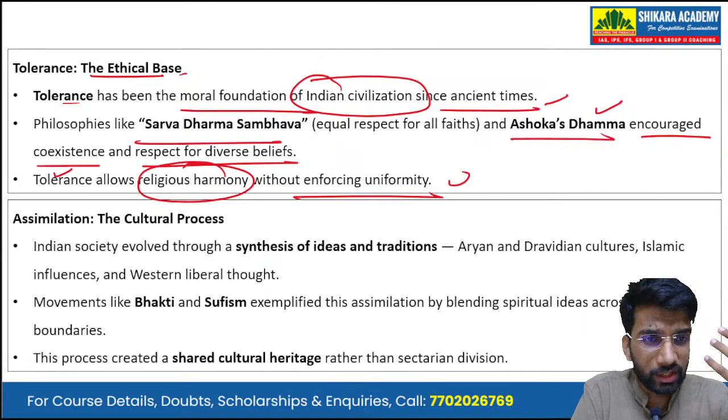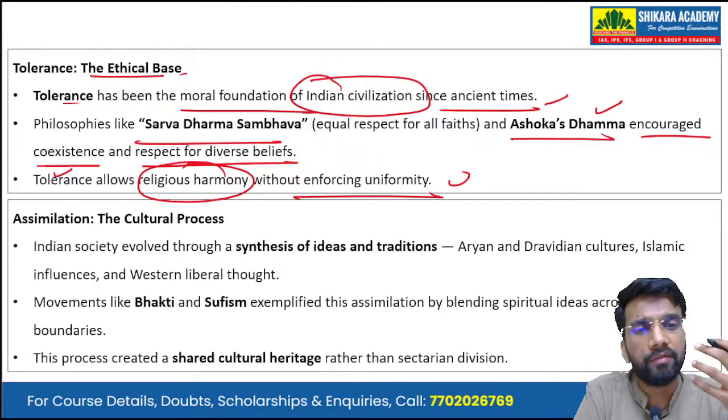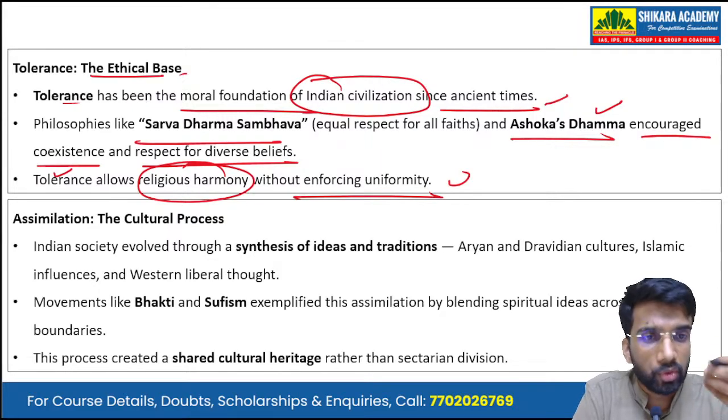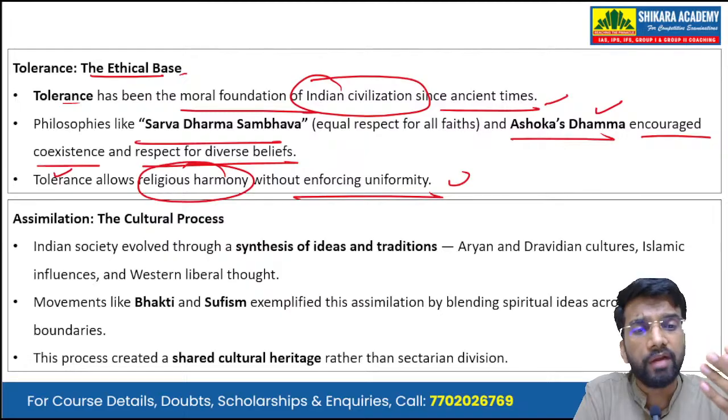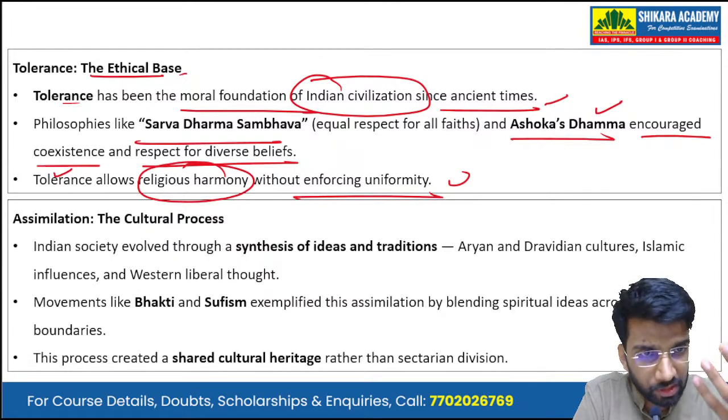Since ancient times, first we had the Vedic culture, the Vedic religion, then Buddhism emerged, Jainism emerged. Later on, Islam came to the country, and Christianity also arrived. There was the birth of Sikhism as well.